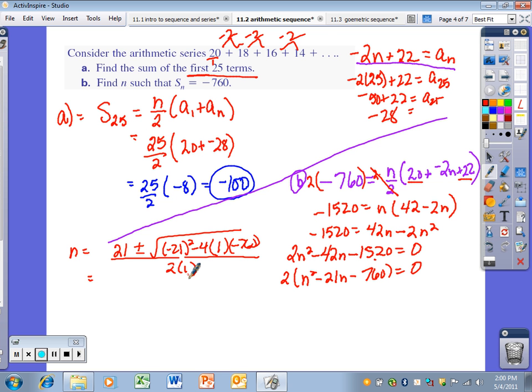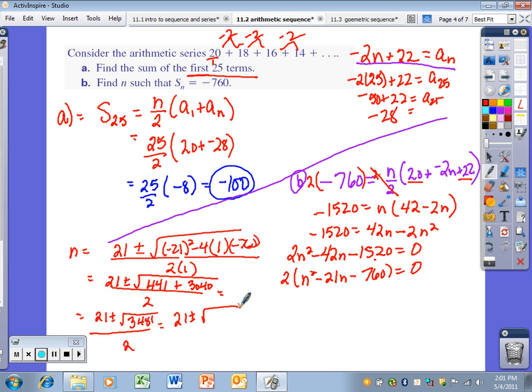So that gives me 21 plus or minus square root of, let's see, 21 squared, 441 plus, because negative and negative, 4 times 760, 3040, which is 21 plus or minus square root of 3481, which is 21 plus or minus, oops, no more square root, 59 over 2.